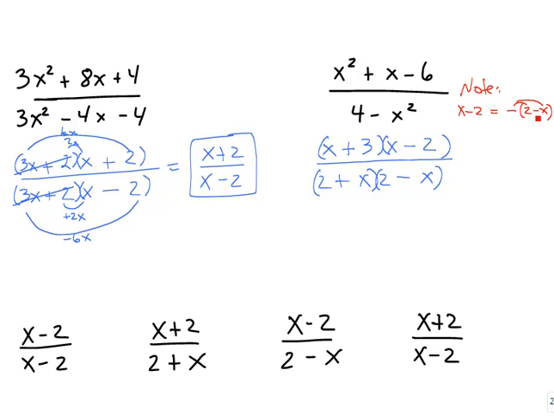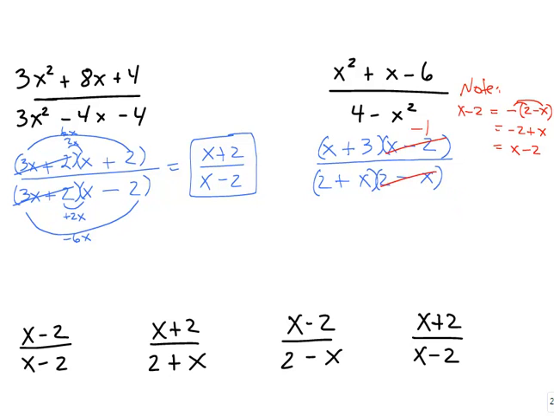If you were to redistribute that negative across, you'd get negative 2 plus x. And if we switch the order around, because addition is commutative, we would get x minus 2 back. So x minus 2 and 2 minus x are actually opposites. So we can cancel them out, but because they weren't exactly the same, they were opposites, we get a factor of negative 1 left over.